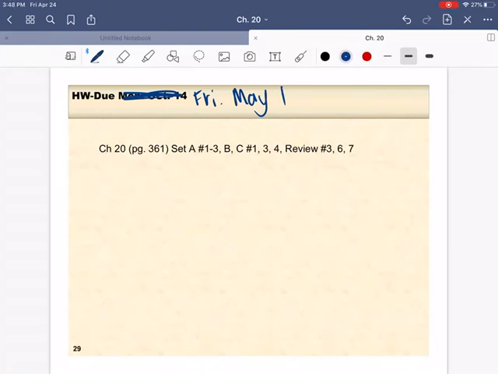And the shortened assignment is, okay, this is chapter 20. Set A, numbers 1 through 3. Set B, numbers 1 through 3. Set C, numbers 1, 3, and 4, and review 3, 6, and 7. So I didn't shorten that one much. Let me know if you have questions.